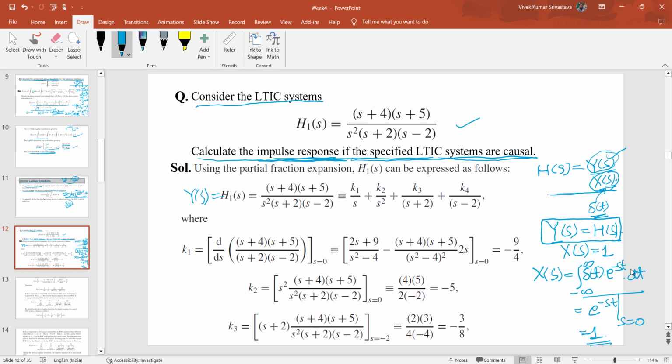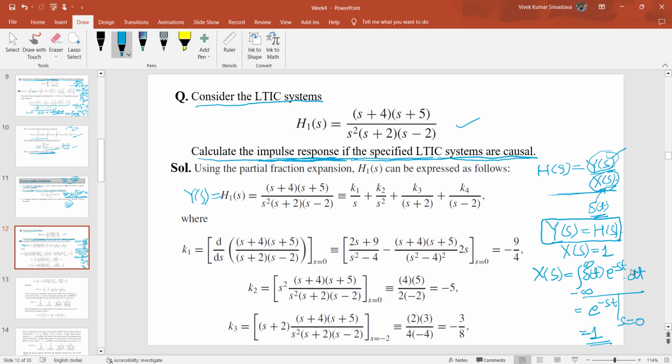For evaluating the response in the time domain, the impulse response is nothing but the inverse Laplace transform of H(s). H(t) is the impulse response, that is the same as the inverse Laplace transform of H(s). Yes, it is the same.